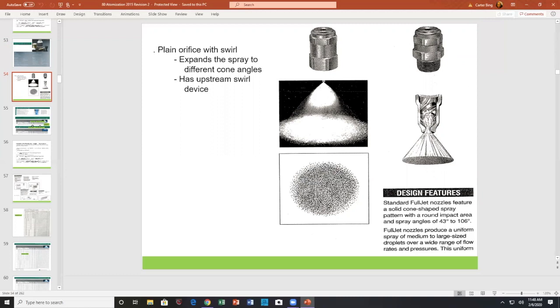Now, what I do is I add something to induce a spin, but it spins so that it's centrally configured. So there's fluid coming out all radii of this flow circle. So I get a nice solid cone. So thought I'd point that out too.